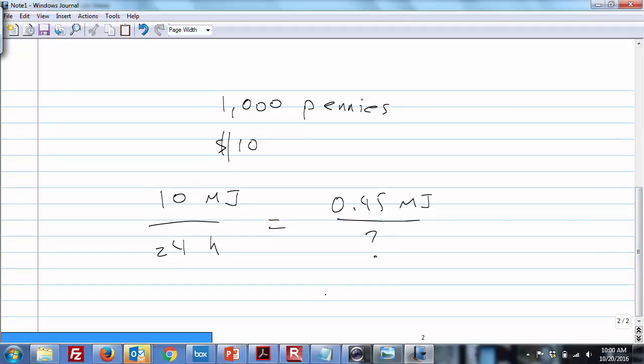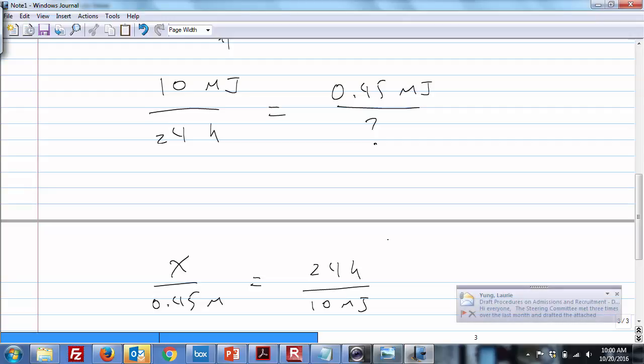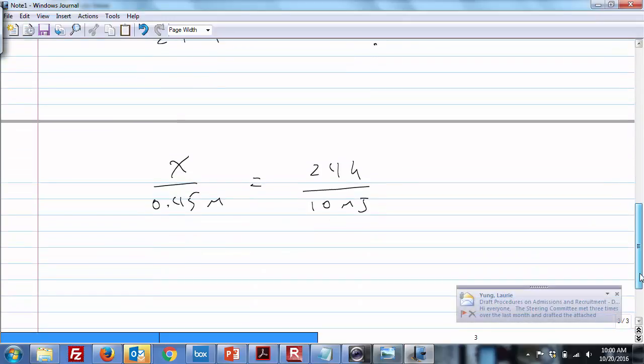You can rewrite that as X over 0.45 megajoules equals 24 hours over 10 megajoules. It's the same equation, I just moved everything around a little bit.